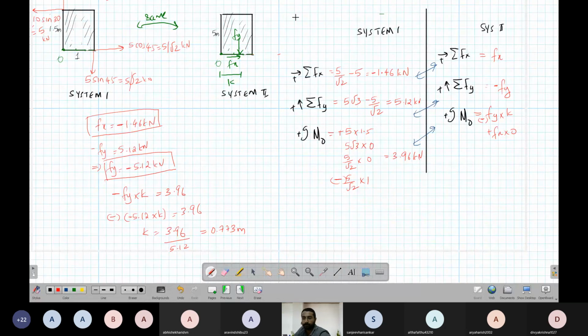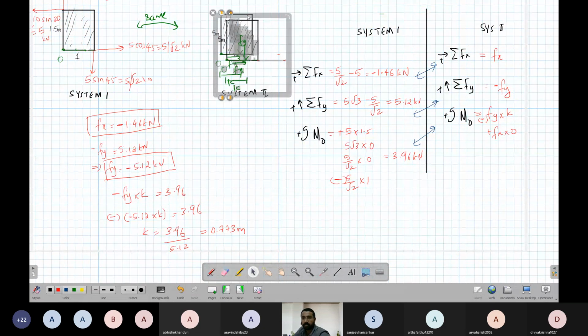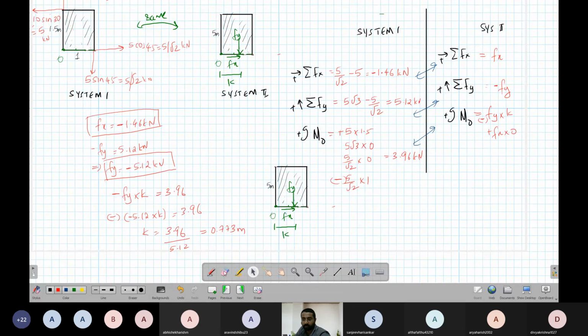Now we just have to draw the final diagram, substituting the values. Fx is minus 1.46, so the assumed rightward direction is reversed, 1.46 kilonewton. Fy is minus 5.12, assumed down, so it is up.